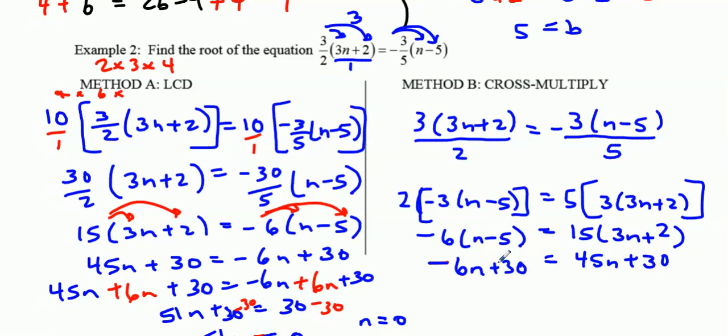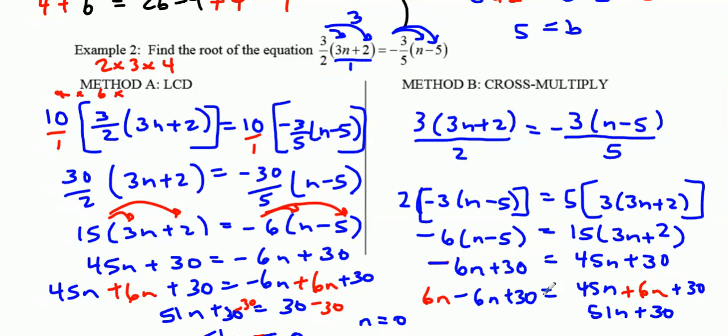So this is going to be 6n and then minus 6n plus 30 equals 45n. So I'm adding 6n to both sides, remember, plus 30. Okay, so this becomes 51n plus 30, this becomes 30.